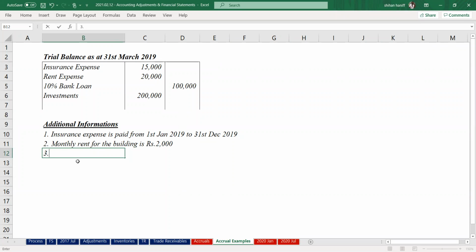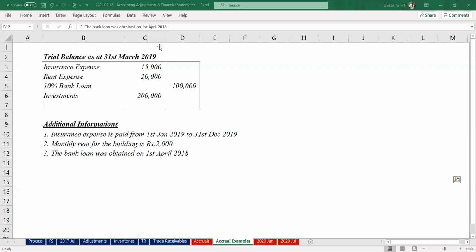Right. Number three, the bank loan was obtained on 1st April 2018, and the interest will be paid biannually.